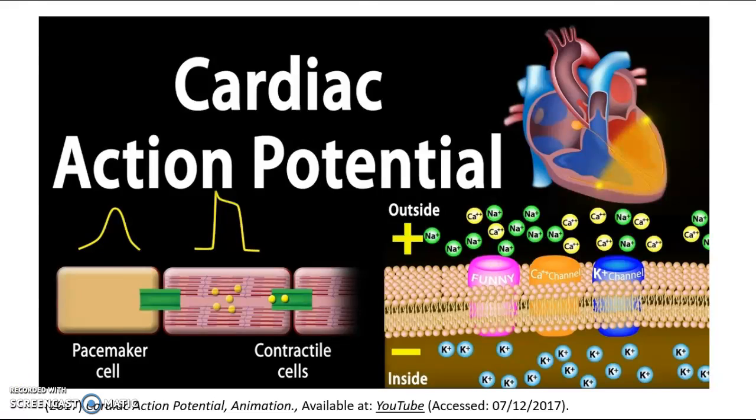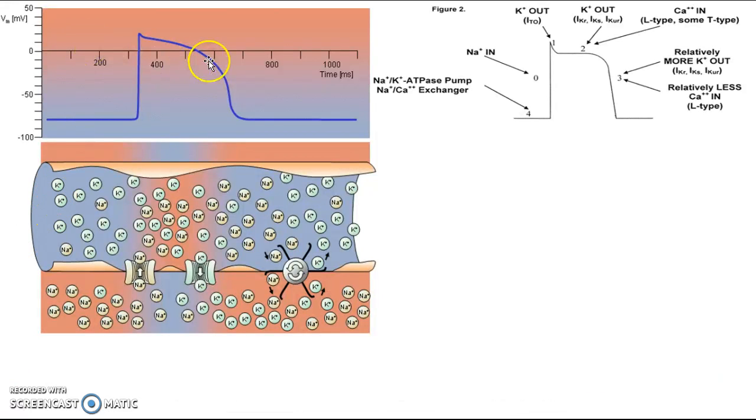So next what we're going to do is look at the actual contraction potential itself. So we'll look for phase 4, 0, 1, 2 and 3, and then it goes back to phase 4 again. So this is basically the start and the finish of the cycle. Phase 4 is the resting phase.